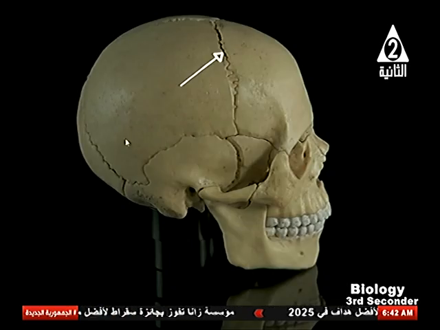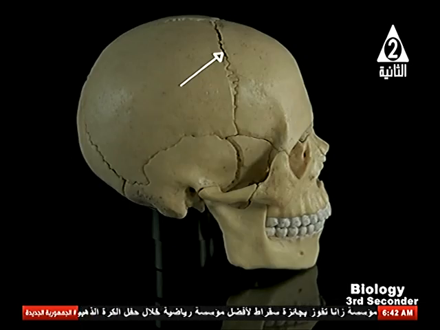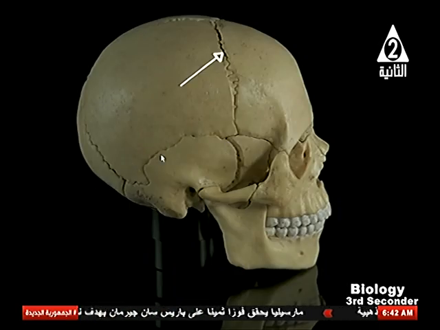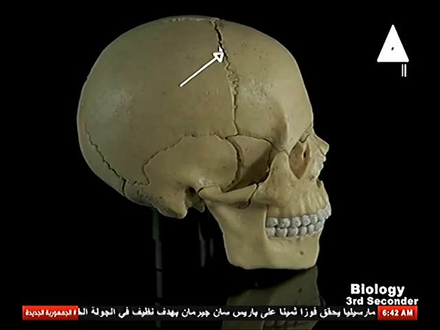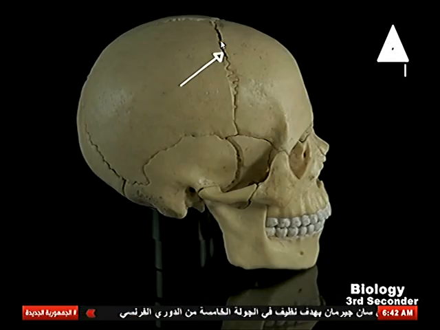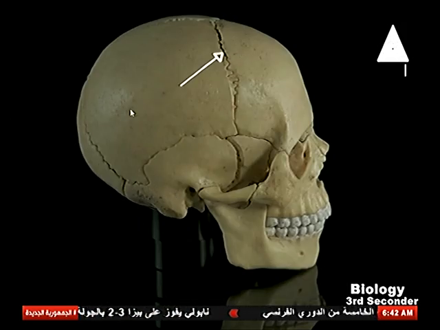The posterior or cerebral part consists of 8 bones attached firmly to each other at their serrated tips. They are not fused; they are attached firmly at their serrated tips to form a cavity. This cavity encloses the brain to protect it.